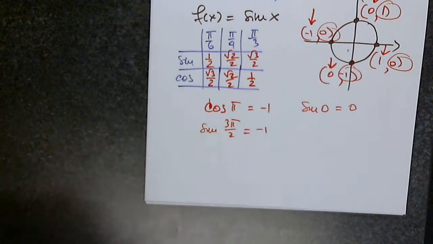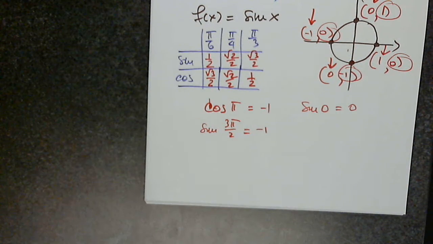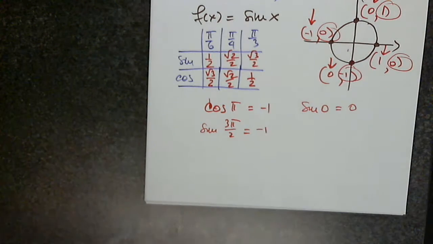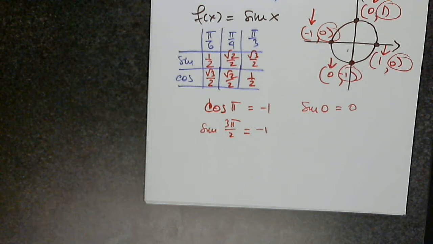What is the maximum possible value of any angle sine? Sine of whatever you want. What is the maximum possible? Say it again. No. I cannot say that sine of an angle is another angle.